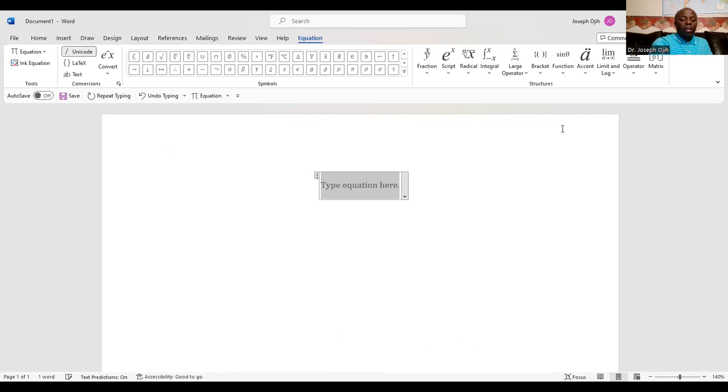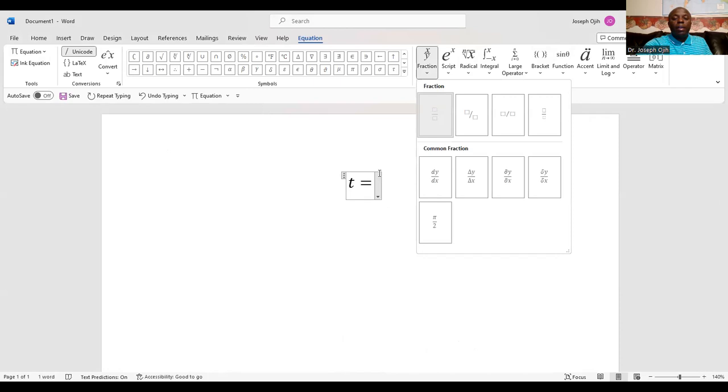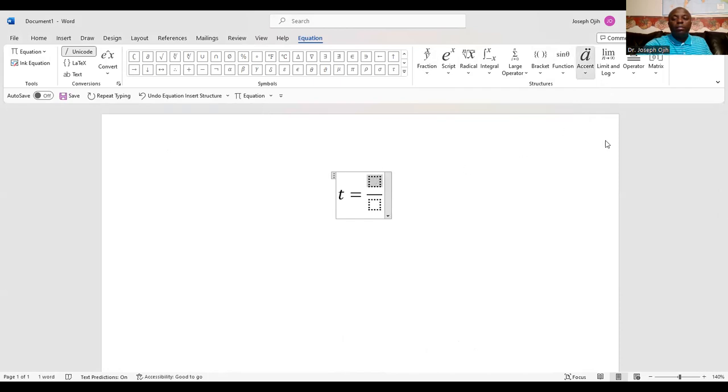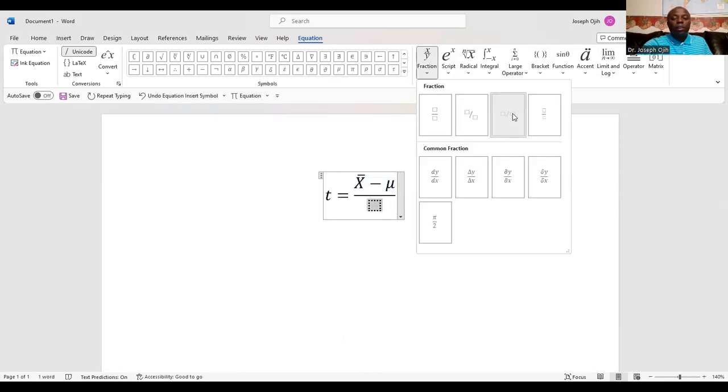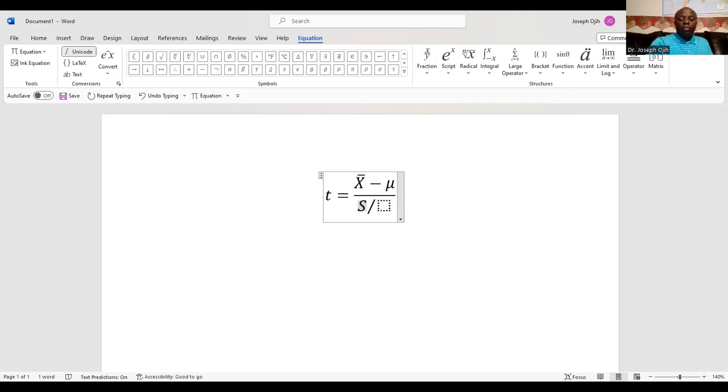T equals X bar minus the mean, which is mu, divided by S, the sample standard deviation, over the square root of n. Which is, we can now put our numbers.